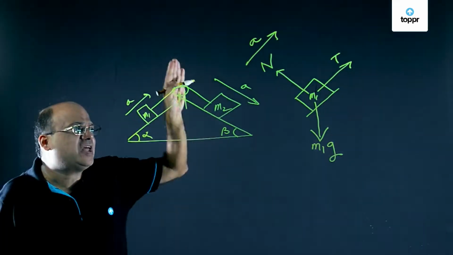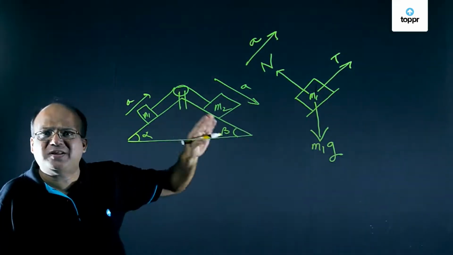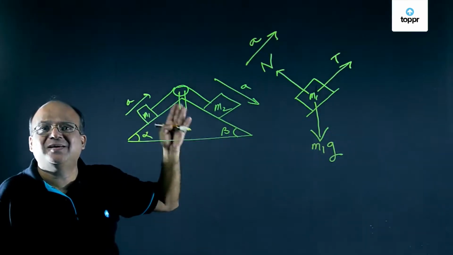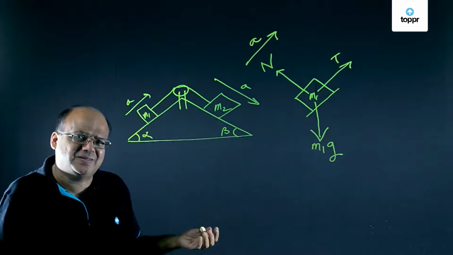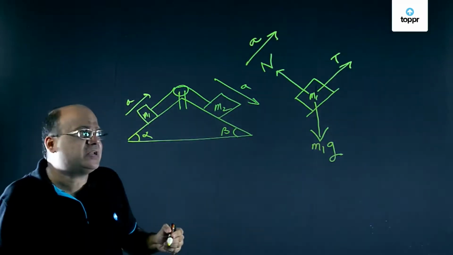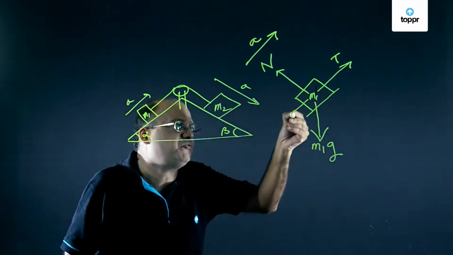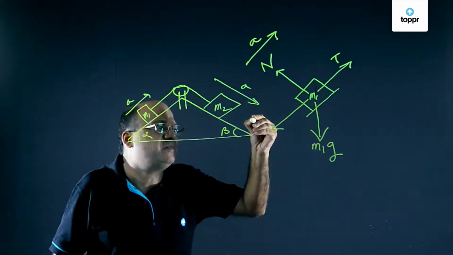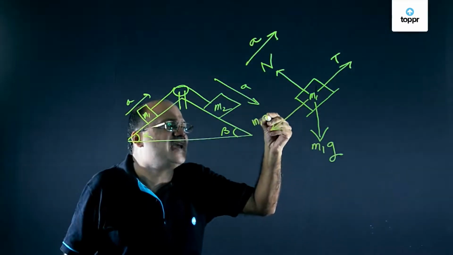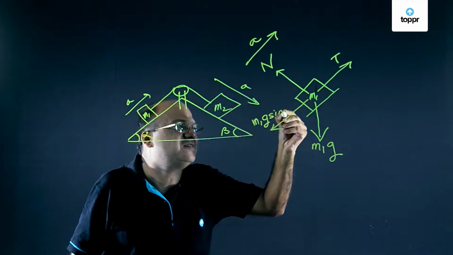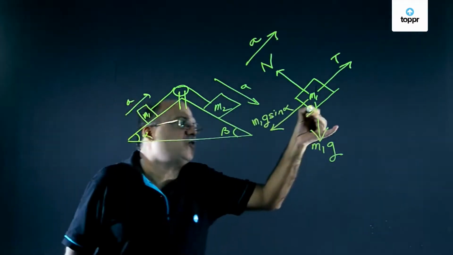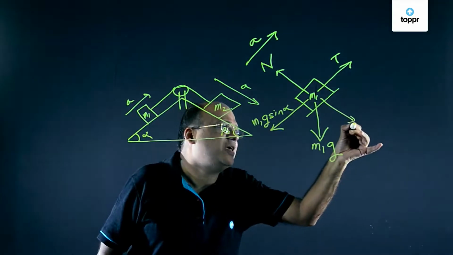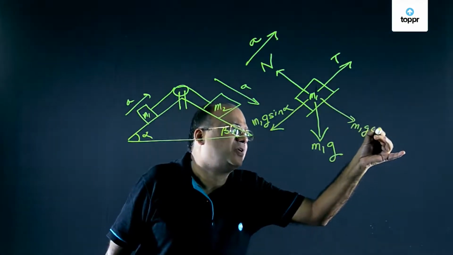So tension is along acceleration, normal is perpendicular to acceleration. So the only thing left is m1g. While solving the last problem, we learned that the component of weight down the inclined plane is always the sine component. So this is m1g sine alpha. And the other component obviously will be m1g cos alpha.